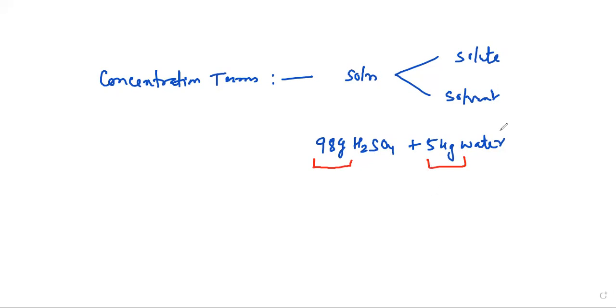Solvent means more in amount, more moles, and that is water. Water has 3 moles, H2SO4 has 1 mole, 98 upon 98. So this is 1 mole. So this is the solvent and this is the solute. Okay.